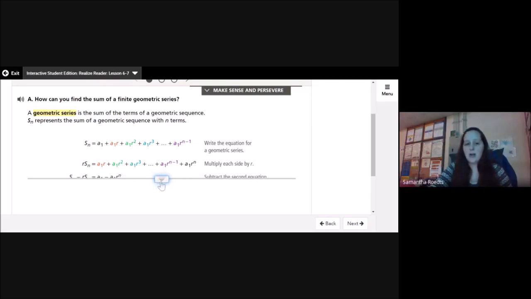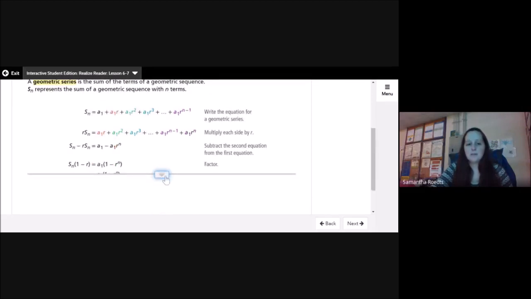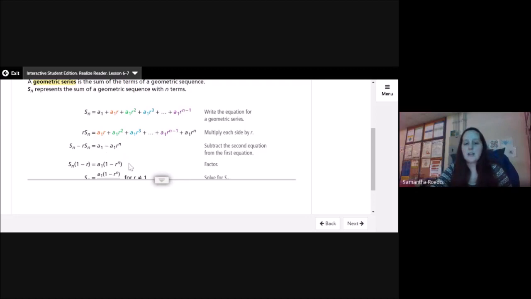I multiply each side by r, then I subtract the second equation from the first equation. So this minus this. So I get S sub n minus r times S sub n equals a sub 1 minus a sub 1 r to the nth power. On this side, I factor out an S sub n, and on the right-hand side, I factor out an a sub 1.